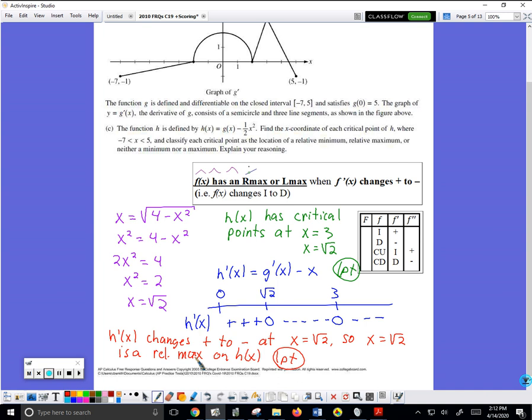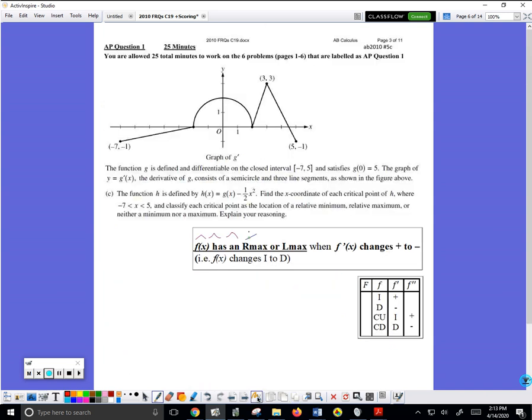The fourth point, the wording is going to be very similar to this red one, but we'll copy it over here. So the fourth point is I write at x equal 3, h prime doesn't change positive to negative or negative to positive.